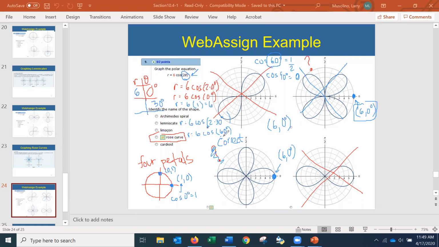Right, and again, I selected 60 degrees to make it easy to work with because I know cosine 60 is 1/2. So this is 6 times 1/2, which is 3. So what we just came up with is when theta is 30 degrees, r is 3. So let's go plot this point that says r equals 3, 30 degrees.